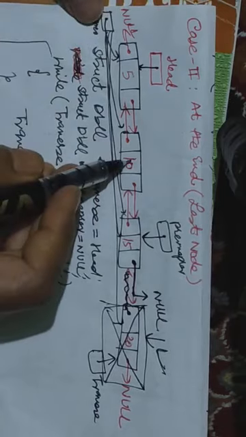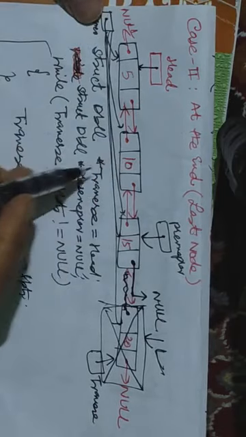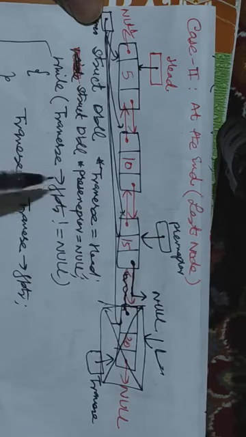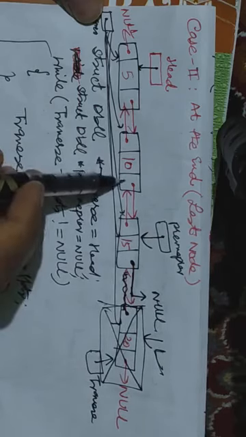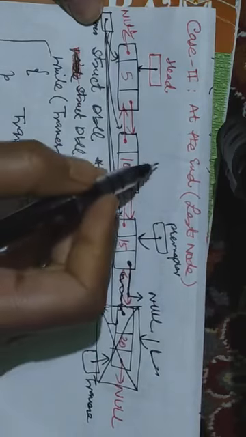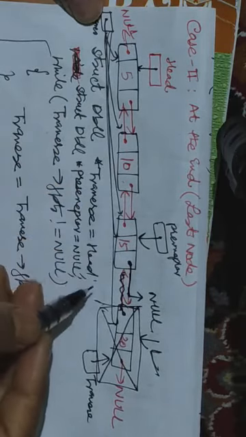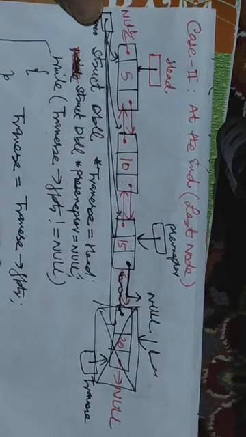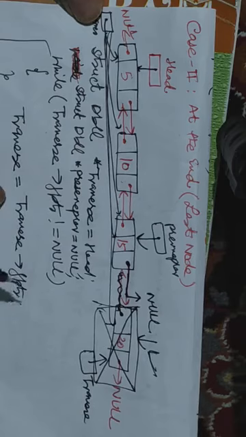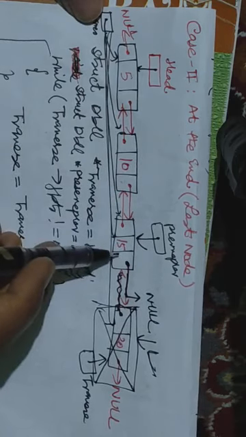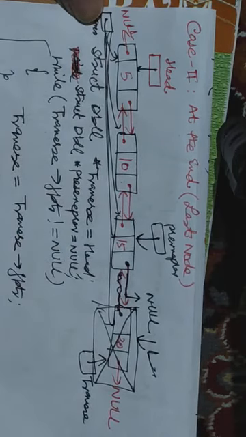Now traverse points to this, right? So is its fptr pointing to null? No, it is not. Then this statement will be executed again, and by virtue of this statement we make this traverse pointer point to this node, node number 3.